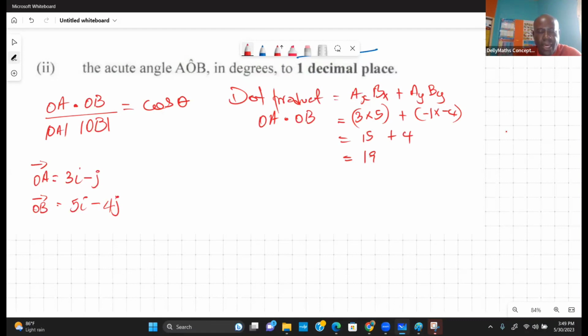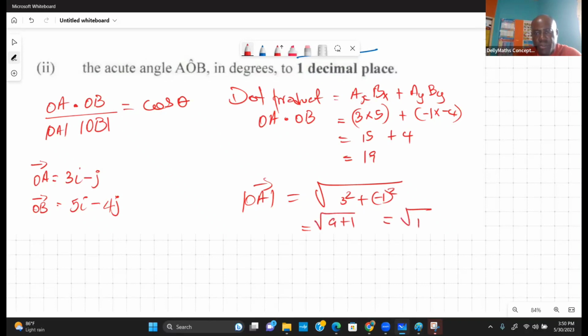Then we want to find the modulus of OA. So we're talking about 3 squared plus -1 squared. So that is 9 plus 1. This is the root of 10 units.